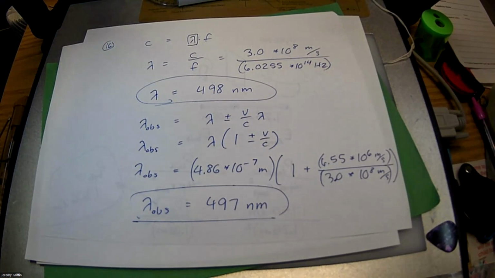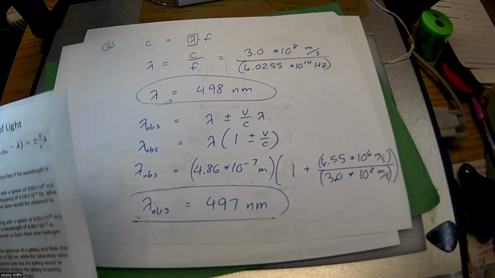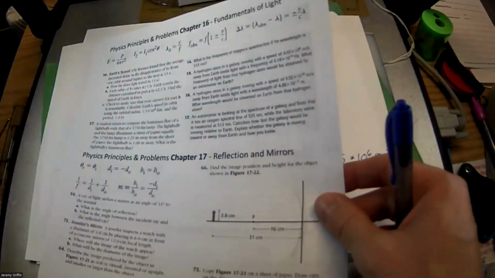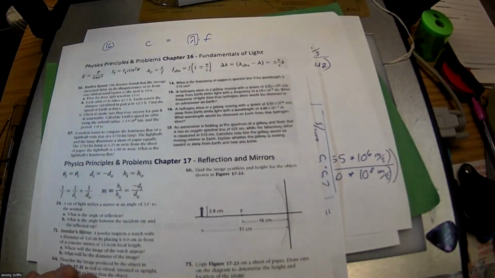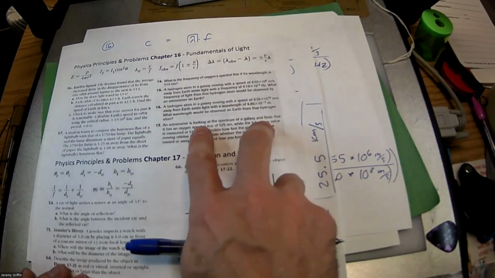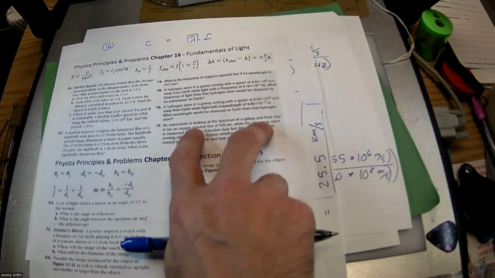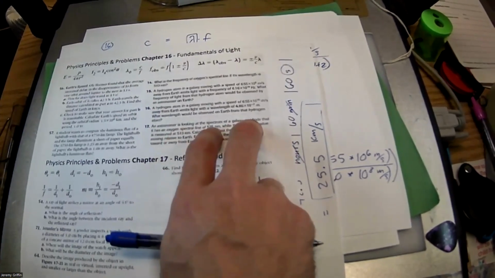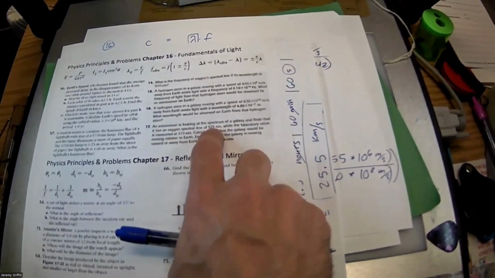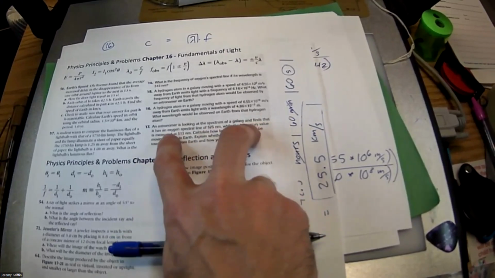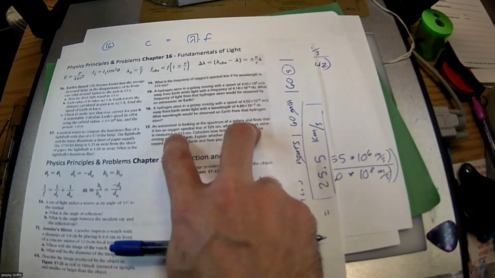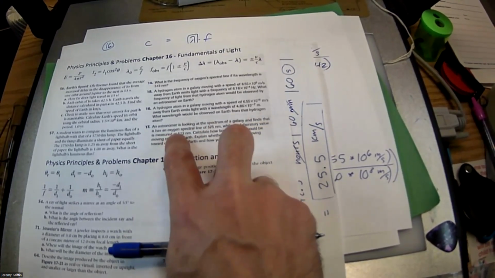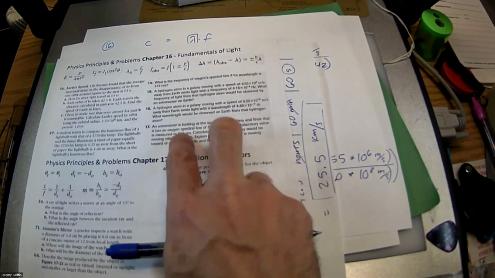Okay, guys good there? All right, and there's one more in this chapter, and this is number 17. An astronomer is looking at a specific oxygen spectral line in the spectrum of a galaxy, and it's 525 nanometers. But back in the laboratory, the lab value said it should have been 513 nanometers. But it's too long.